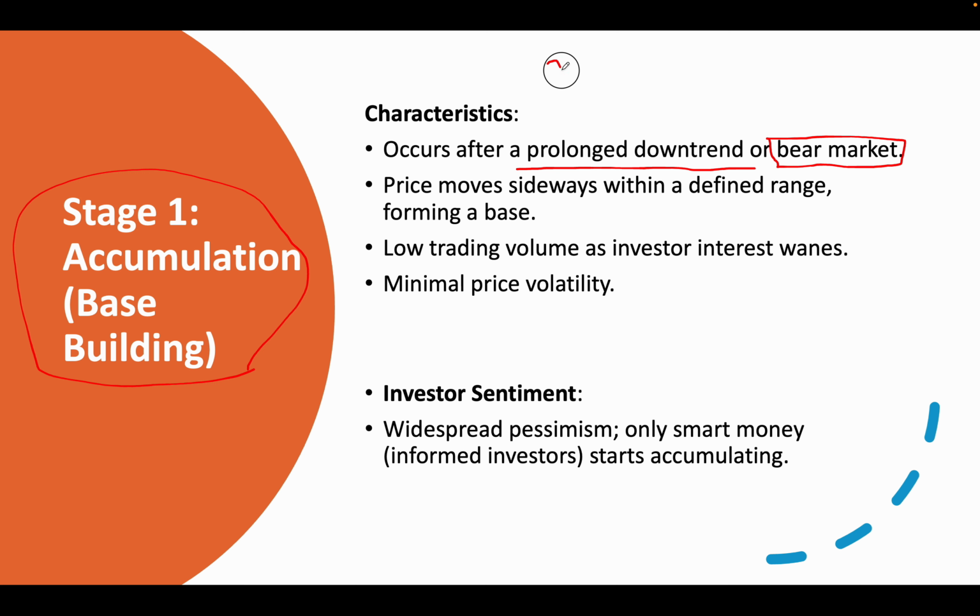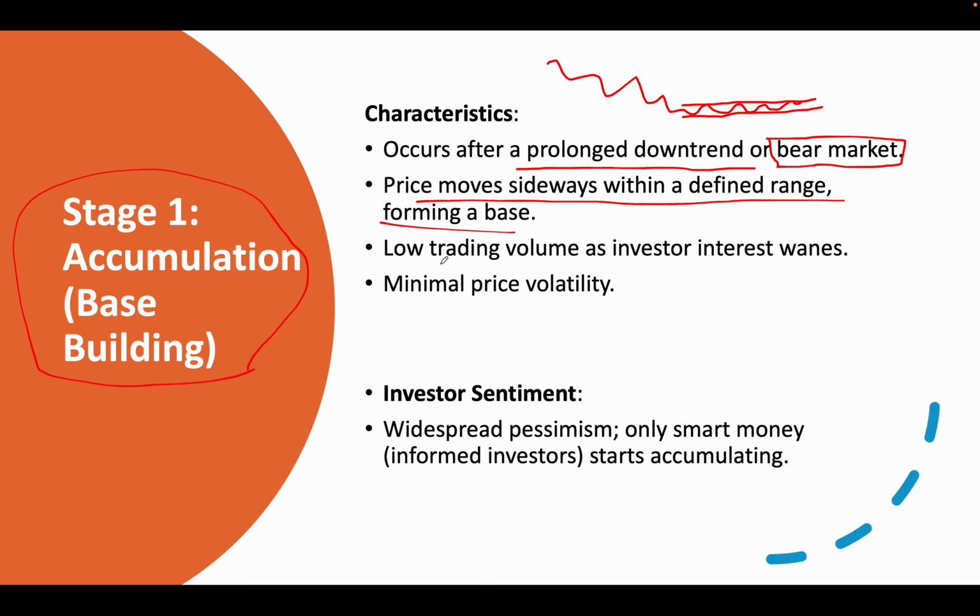Let's say market is in the downtrend, then there will be a stage 1 which will come like this. Here the price moves sideways within a given range and forms a base. This stage is called stage 1 or basing stage.